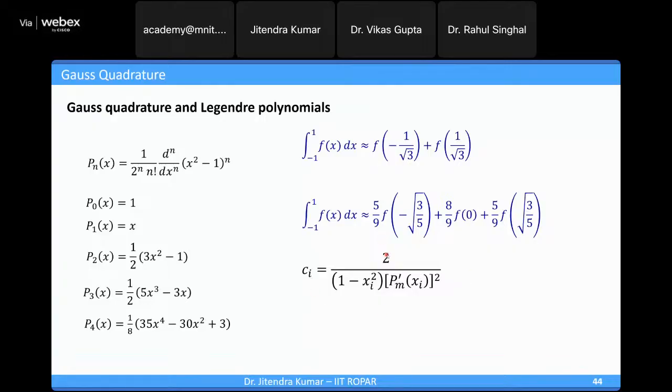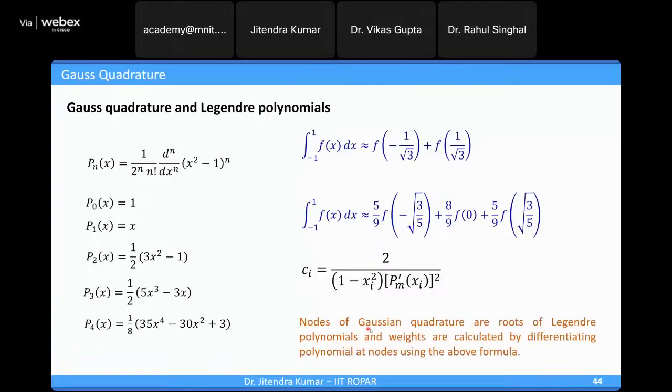So Ci is given by 2 over (1 minus xi squared) times the square of the derivative of these polynomials. So these are the Ci's you can calculate from here. The nodes of the Gaussian quadrature are the roots of these Legendre polynomials, and the weights, the Ci's, are calculated by differentiating the polynomials at the nodes and using the above formula.